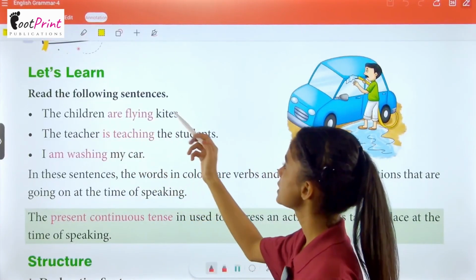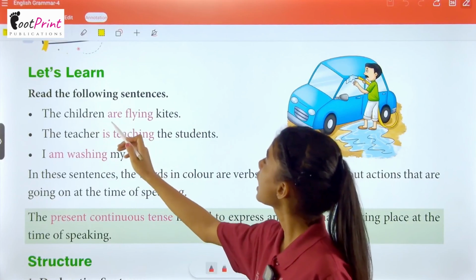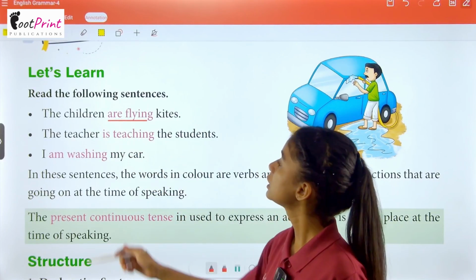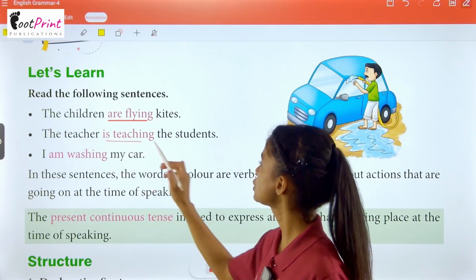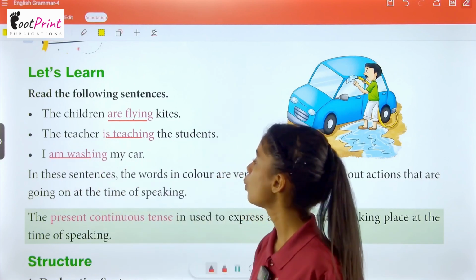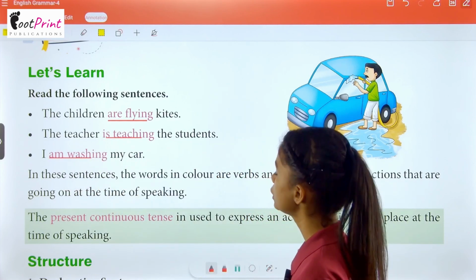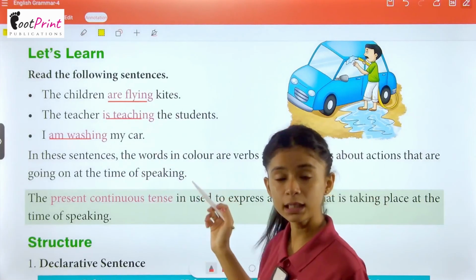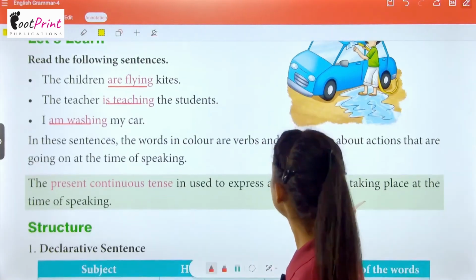Read the following sentences. The children are flying kites. The teacher is teaching the students. I am washing my car. So, is there anything common in these sentences? Let's see.